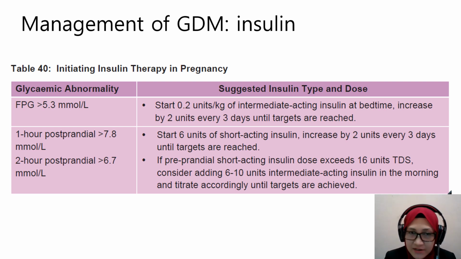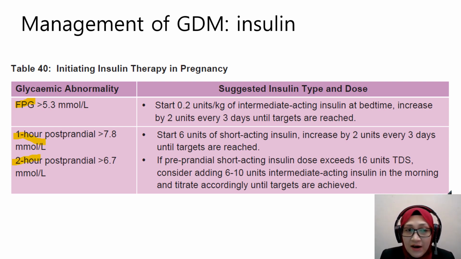So how to initiate insulin therapy in pregnancy? When the patient is a first time insulin user, we can start based on the patient's fasting blood glucose and either 1 hour or 2 hour postprandial blood glucose level.